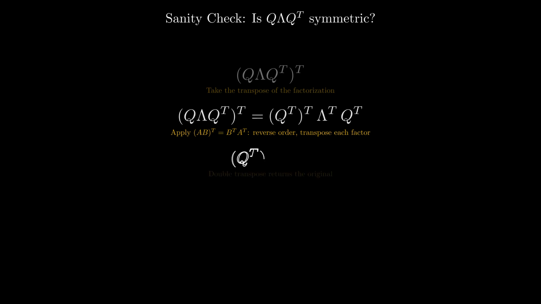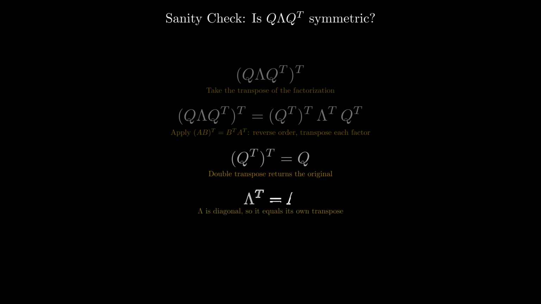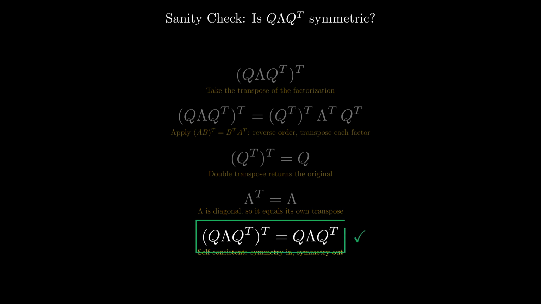Now simplify each piece. Q transpose transpose is just Q. Lambda transpose equals lambda because diagonal matrices are their own transpose. And Q transpose stays Q transpose. Putting it back together, we get exactly Q lambda Q transpose, the same thing we started with. The factorization is self-consistent, symmetry in, symmetry out.